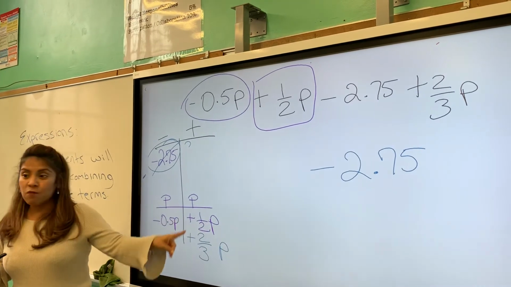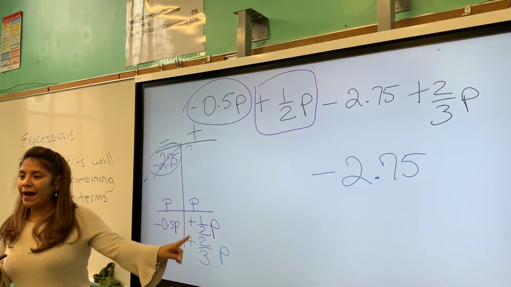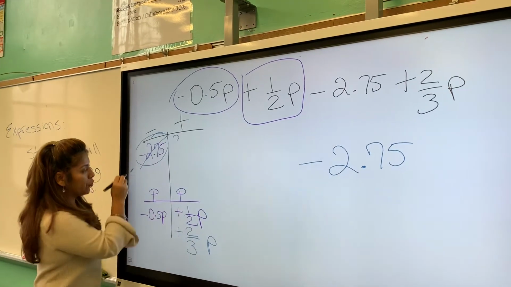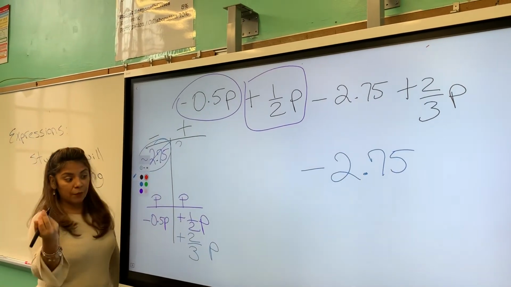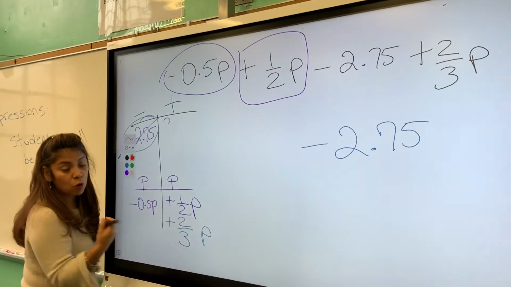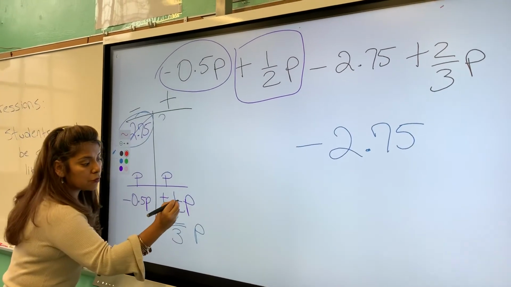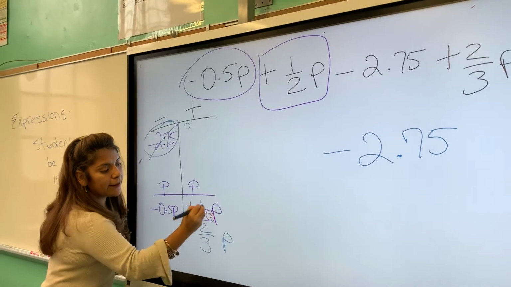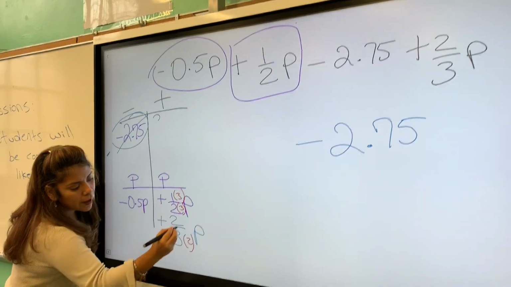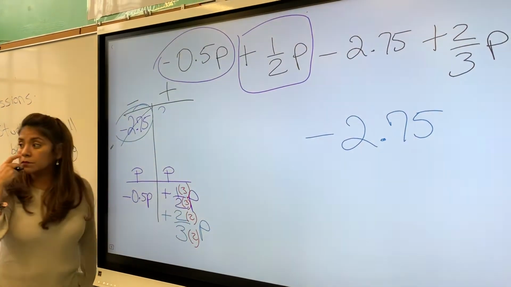Now I'm going to start with my variables. I have noticed that I have more on my positive, so I'm going to add it up. So this is what I'm going to do now. I need to find the least common denominator. My least common denominator for this one and this one will be my 6. So I'm going to multiply this times 3 and this times 3. Here I'm going to multiply this times 2 and this times 2.